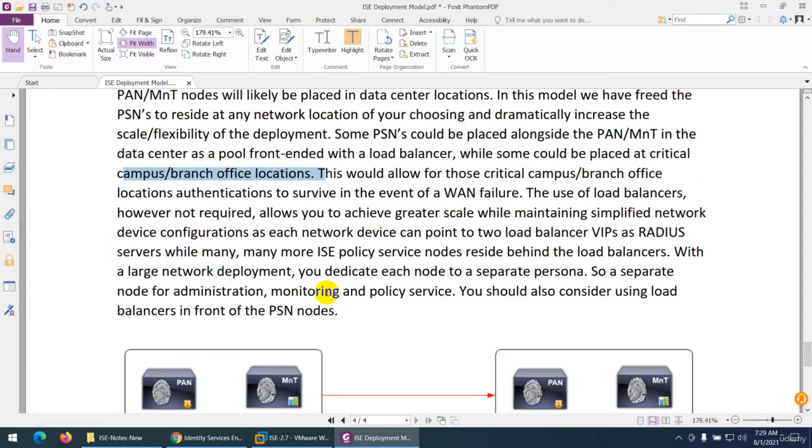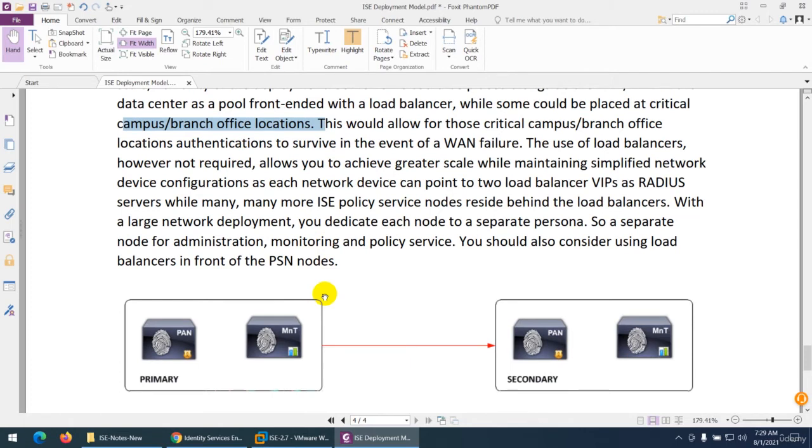That's why you will see this one most of the time. But if you need scalability, it's better to put a load balancer. But it's not important to put them. It's up to you and up to your deployment.